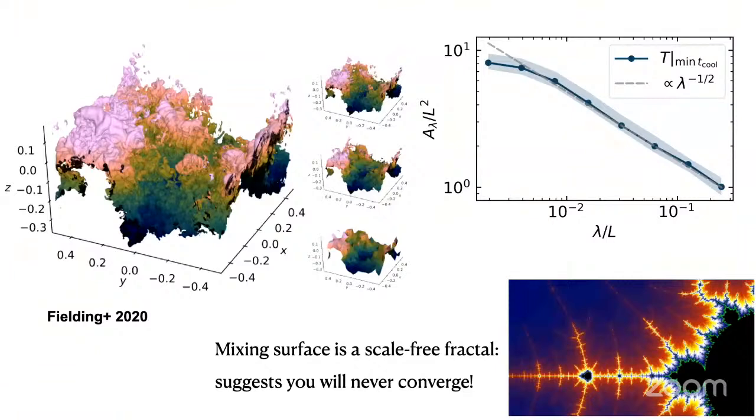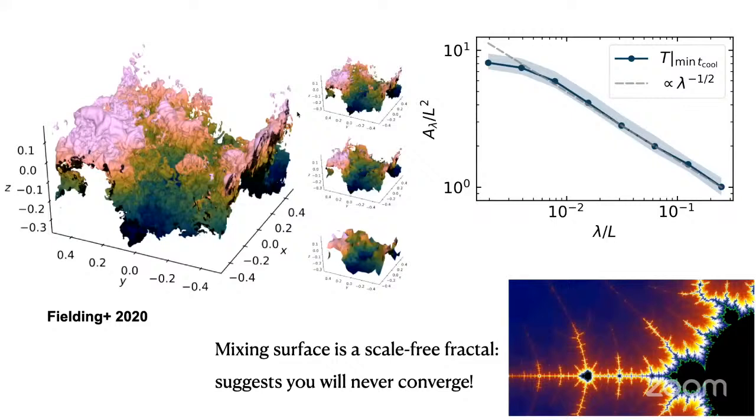And this is what I mentioned. So this is a paper by Drummond Fielding where he showed that that cooling surface is fractal. And if you look at how the area scales with resolution, there's a power law scaling. And as you go to higher and higher resolution, there's more and more surface area, which should imply there's more and more cooling, right?